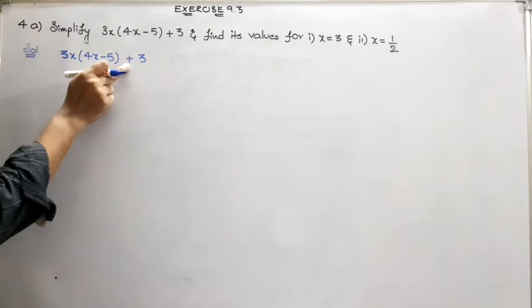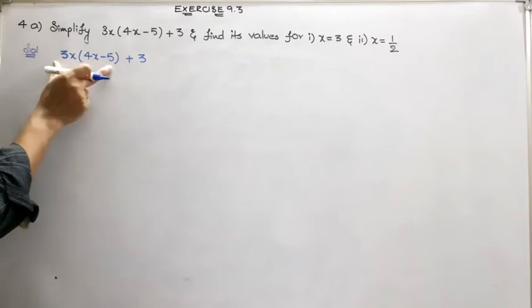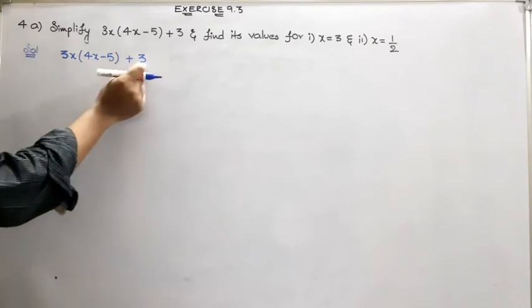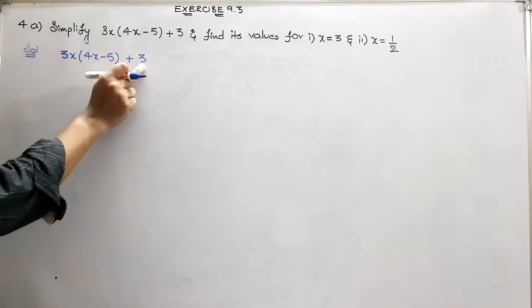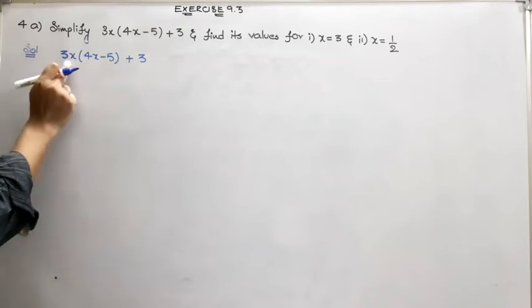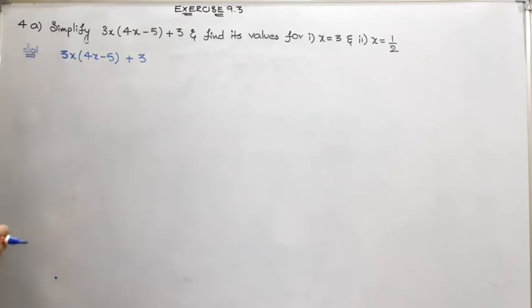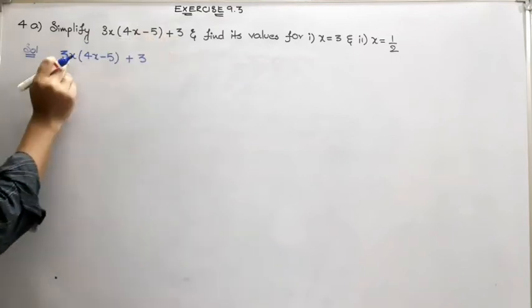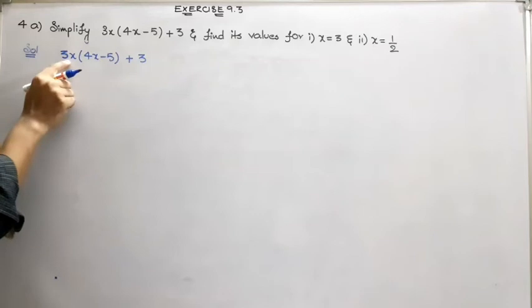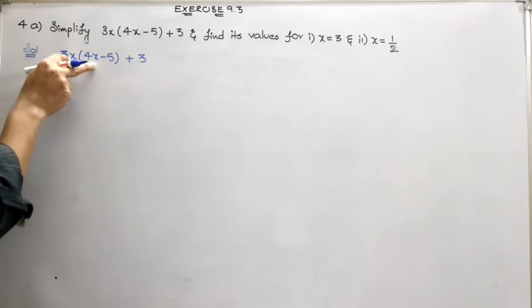This plus indicates this term is a different term and 3 is a different term. So 3x doesn't carry any kind of connection with this 3. So the term is 3x into 4x minus 5, plus 3. Look, 3x into 4x minus 5. How we will do? Multiplication of a monomial with a binomial.